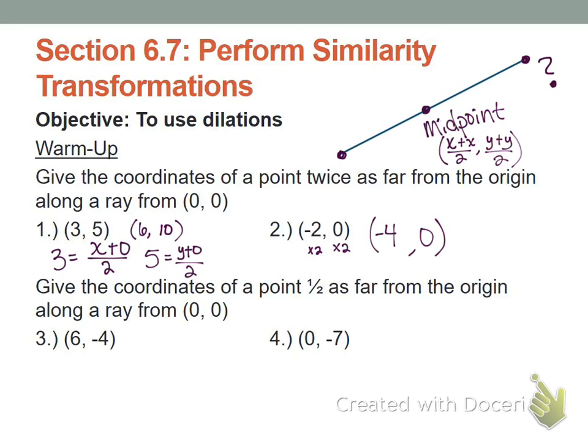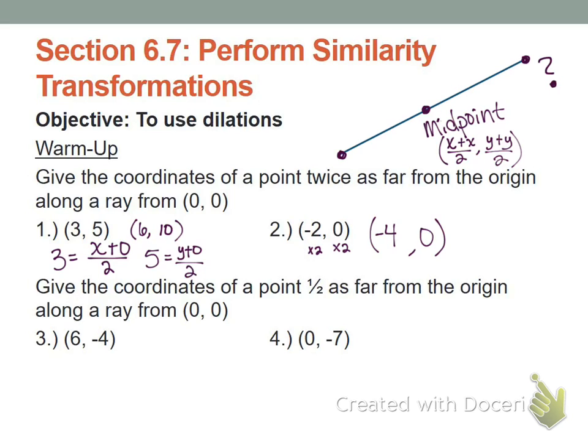Okay. Similar idea on the next one, but this time we are trying to find a point half as far from the origin. Now again, we could set this up as a midpoint situation. This time we'd be looking for the midpoint. But since we are again starting from 0, 0, what could you do to both 6 and -4? Divide by 2, which is the same as multiplying by 1/2.